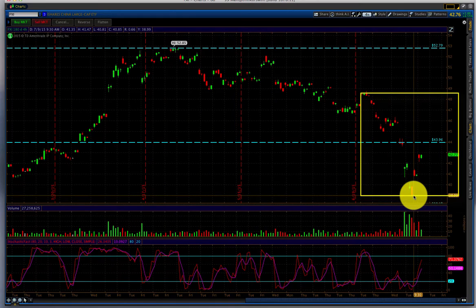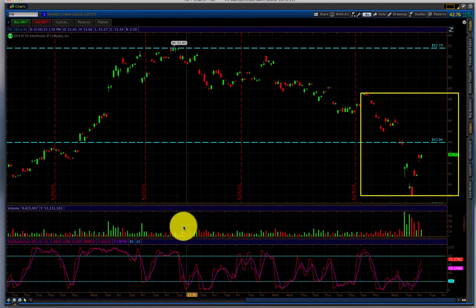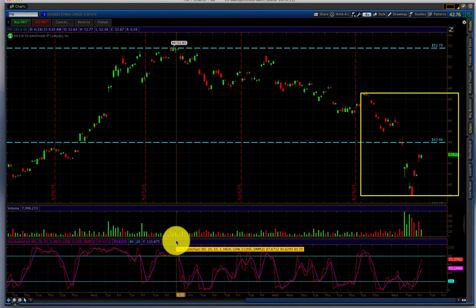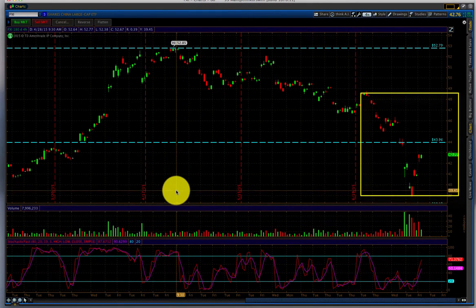That's the Beijing put backstop. This is right around our high. Got a cross right here. Let's look at that region right in here.